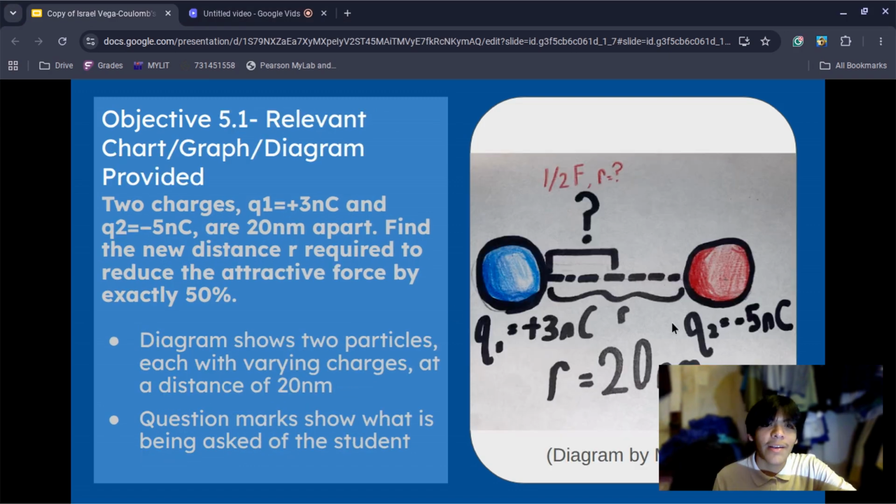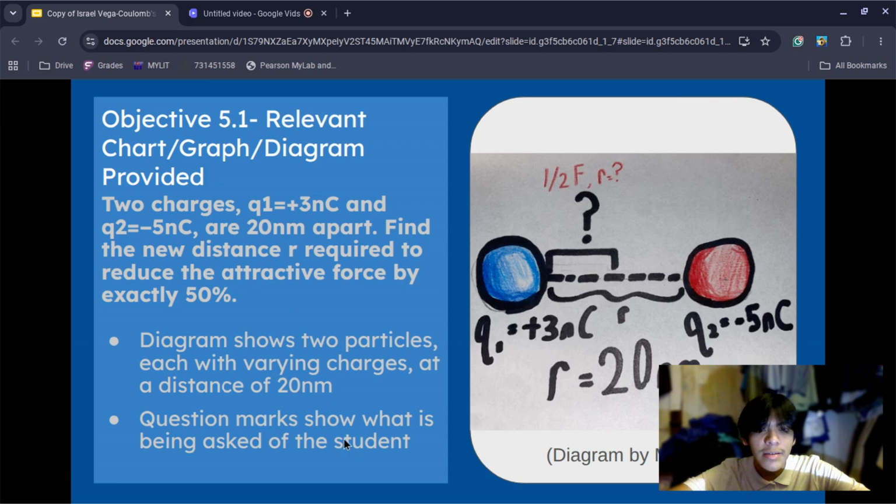So right here's a diagram that I drew out in order to help you solve this problem. So you have one particle with a charge of 3 nanocoulombs and another one with a charge of -5 nanocoulombs. They're 20 nanometers apart, and you want to find the new distance between these two particles to make the force between the two particles equal to half.